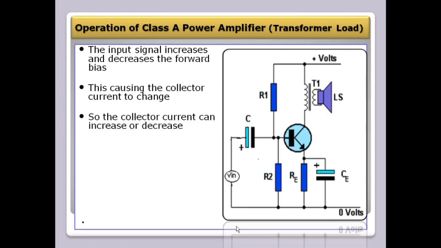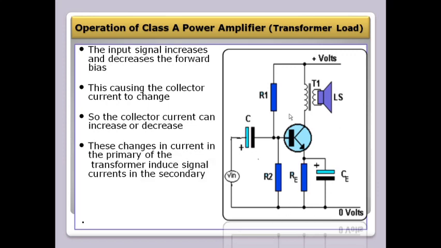The change in the collector current changes the primary winding current. So this change in the primary of the transformer induces the current in the secondary. We know the transformer transfers the power from primary to secondary. So whatever changes we get in the primary, we can collect in the secondary.